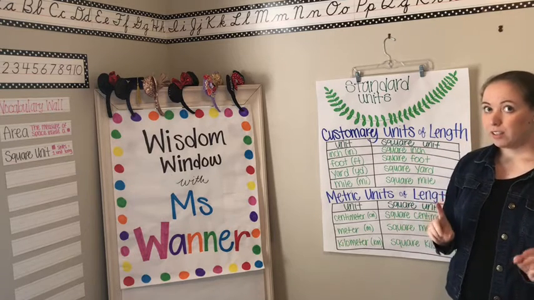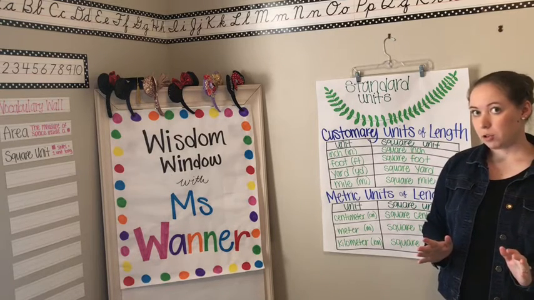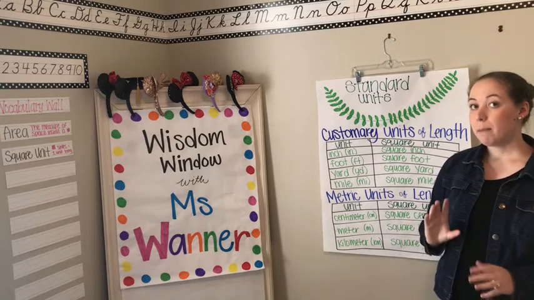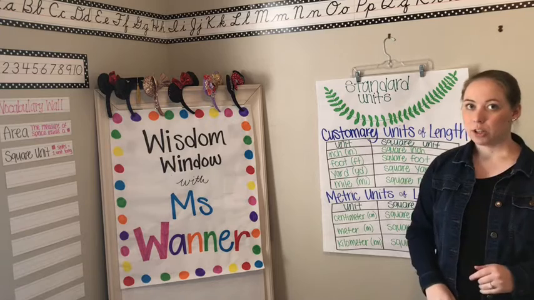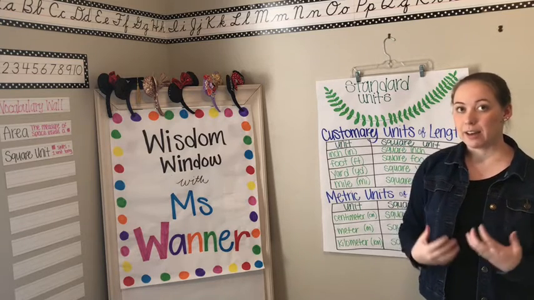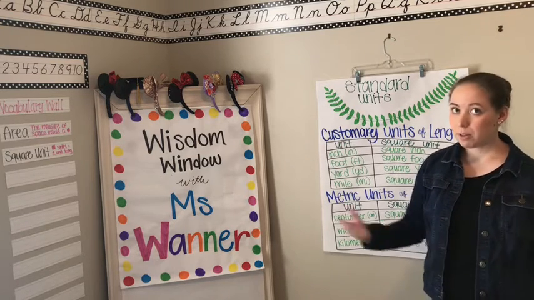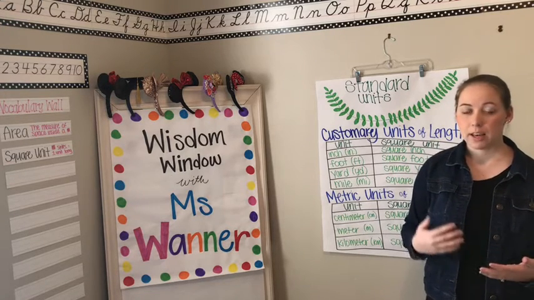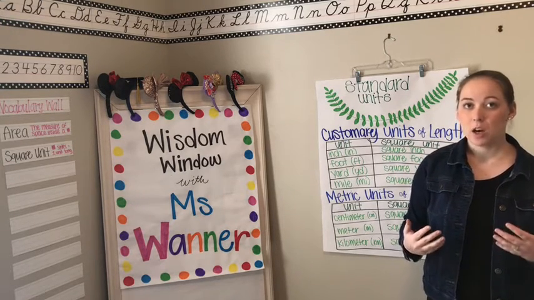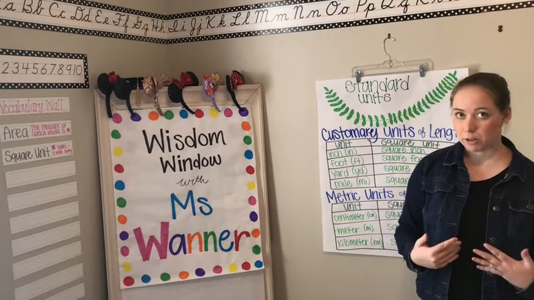The first one is the customary units of measurement, and the second one is the metric units of measurement. The customary originated for the United States, and that is the type of measurement that we use to measure things. And metric units are what France and other countries inside Europe use to also measure items.